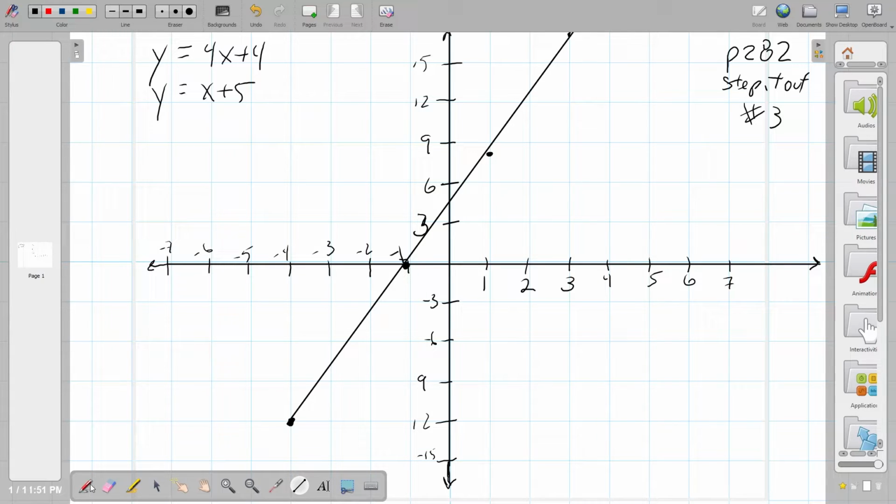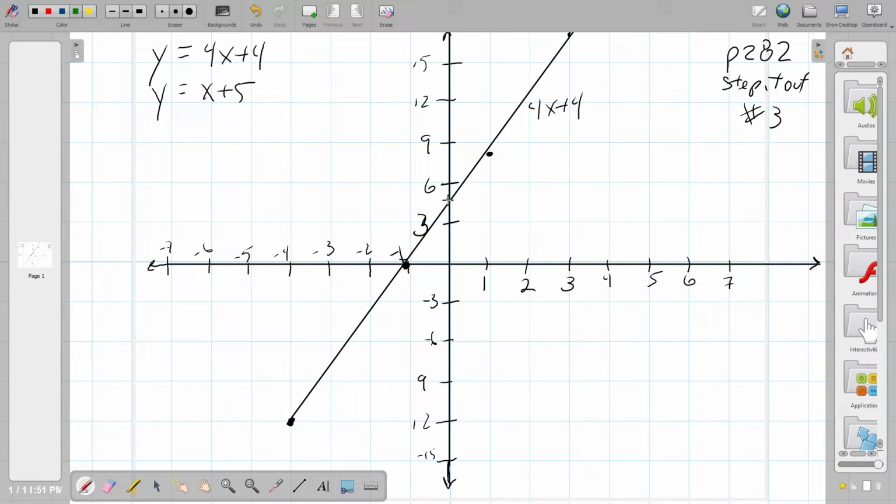So this line is 4x plus 4. Then we're going to do a green line, y equals x plus 5. X is 0, plus 5 will give us 5.